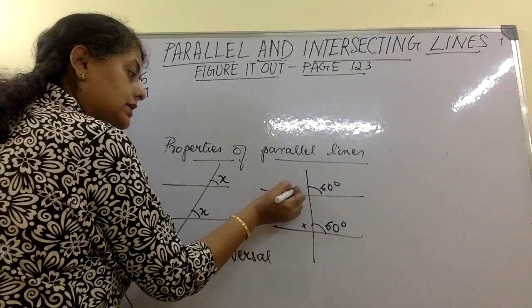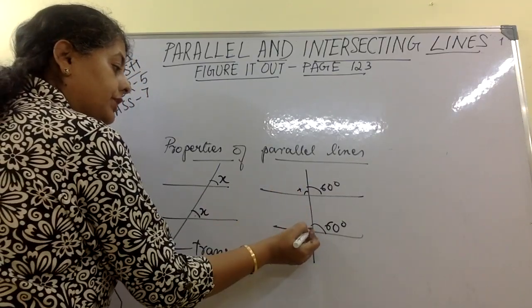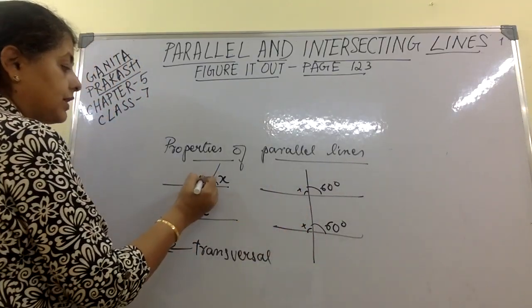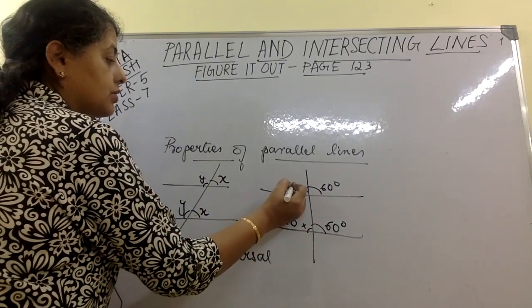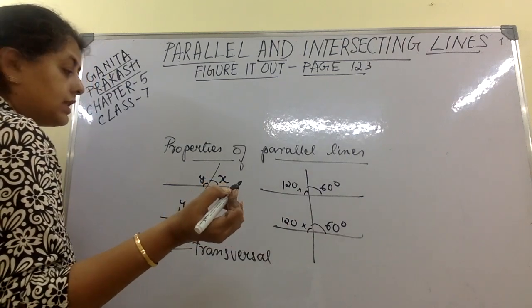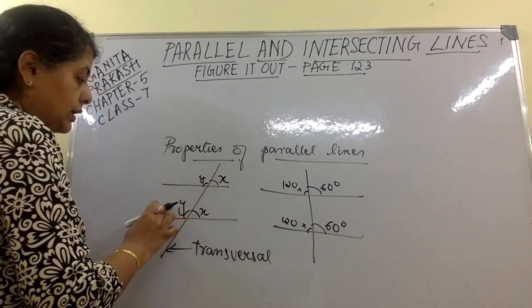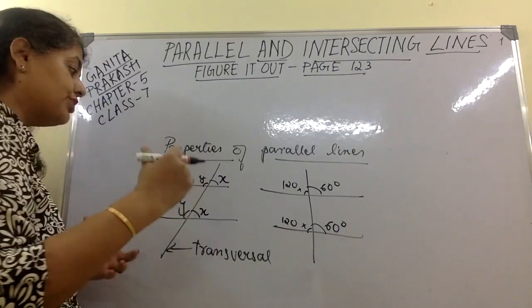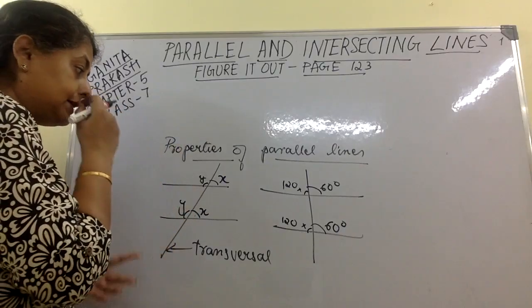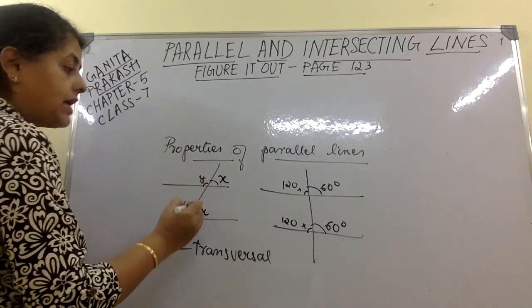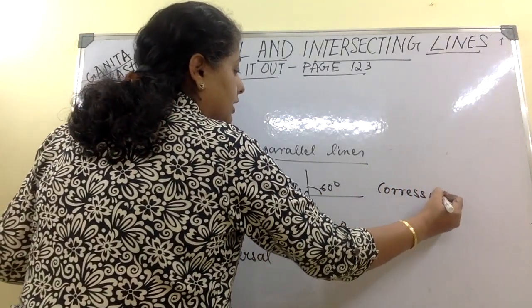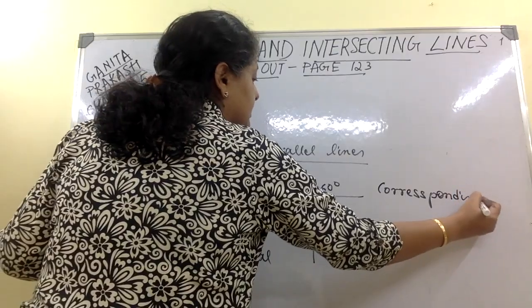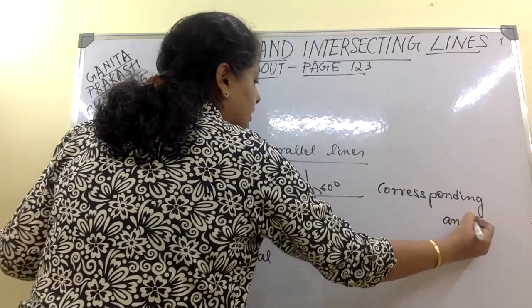Similarly, this angle is equal to this one. If this is y, this is also y. If this is 120, this is also 120. This position of angles in parallel lines is called corresponding angles.